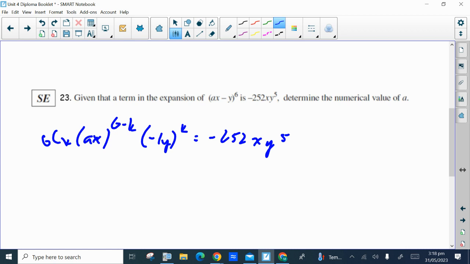So by inspection, k has to be 5. That'll give us a power of 1 on the x and a power of 5 on y. k has to be 5. So this will be a to the 1, x to the 1, times negative 1 to the 5, y to the 5.